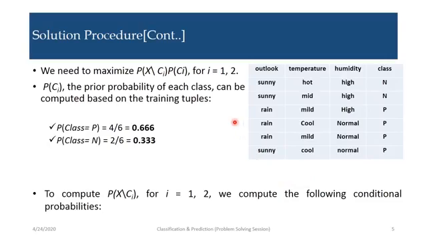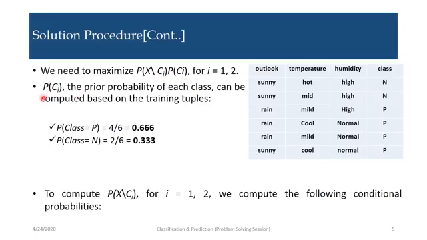Now, we need to maximize P(X|Ci) into P(Ci) for i is equal to 1 and 2. Why i is equal to 1 and 2? Because we have only two classes for this problem. So, we have to compute P(X|Ci) and P(Ci). Whichever value is maximum, the tuple belongs to that class.